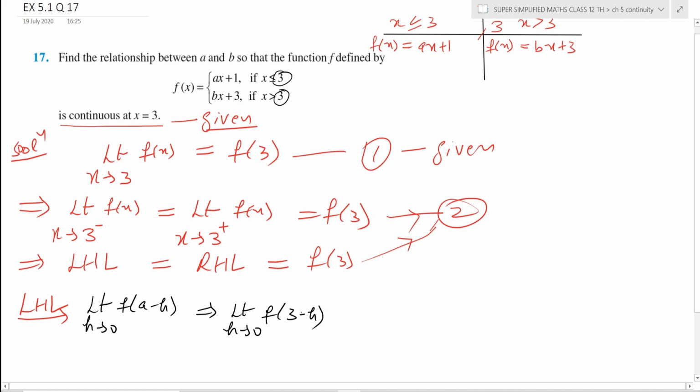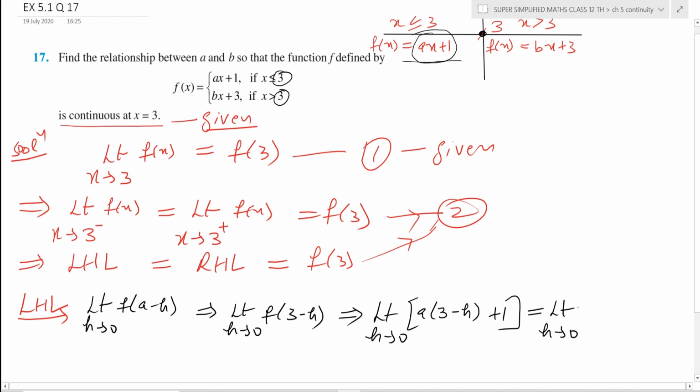So here we are given that the function is continuous at 3. So LHL, RHL all will be calculated for 3. Now on the left hand side of 3 the function is ax + 1. Therefore if you have to find the value of f(3-h), in this expression you substitute x to be 3-h. So you get a(3-h) + 1, which comes out to be limit of h tends to 0.